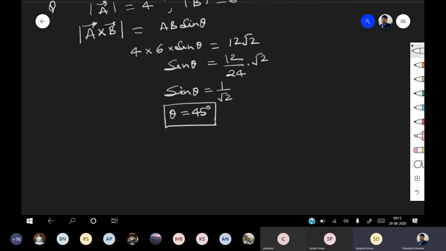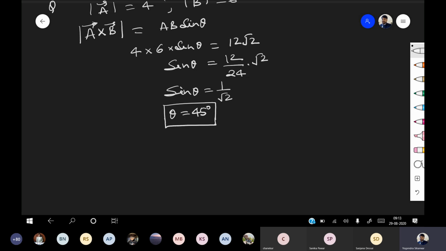Now there is a catch in this question. If you go for scalar multiplication also, then A dot B is equal to AB cos theta. When the value of sin theta or cos theta is 1 by root 2, theta comes out to be 45 degrees only.